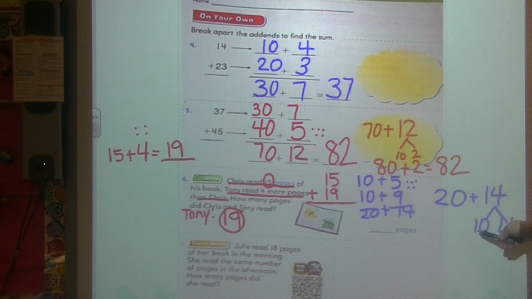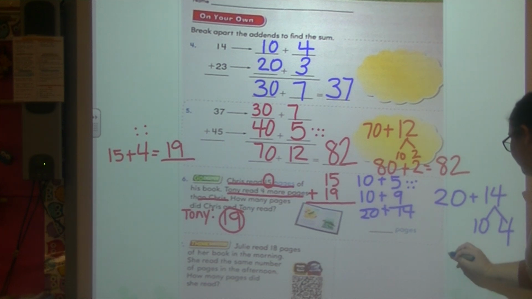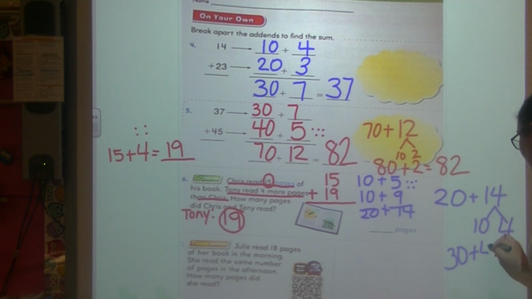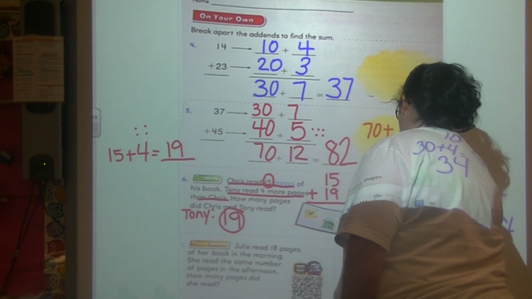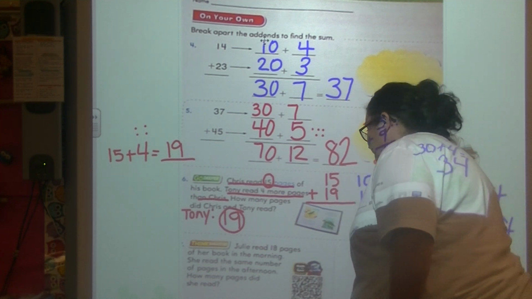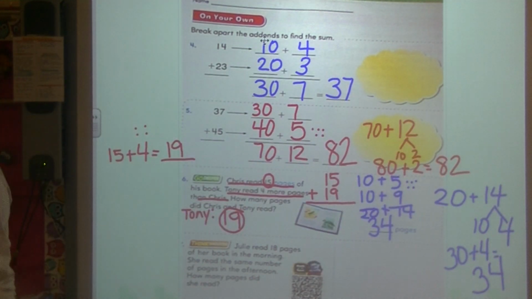So if we move this group of 10 over, 20 plus 10 is 30. 30 plus this 4 equals what number? 34. 34 pages.